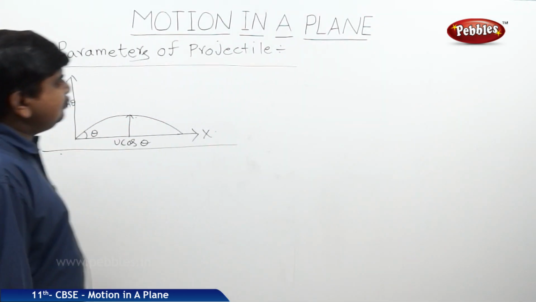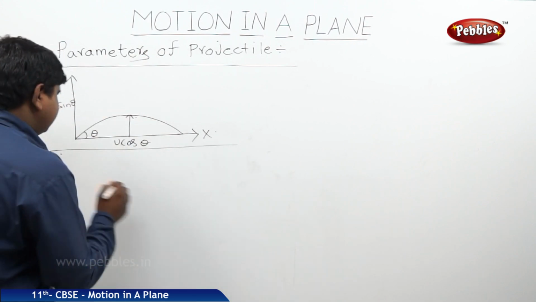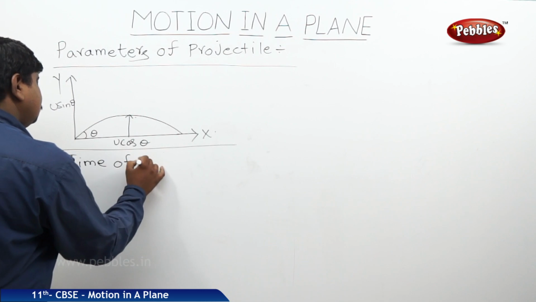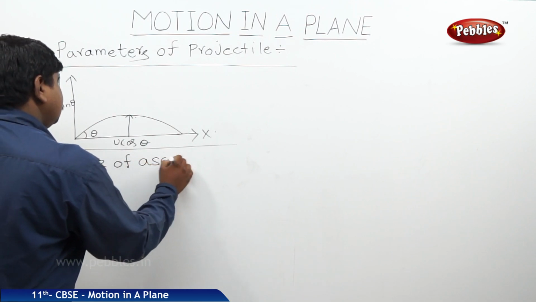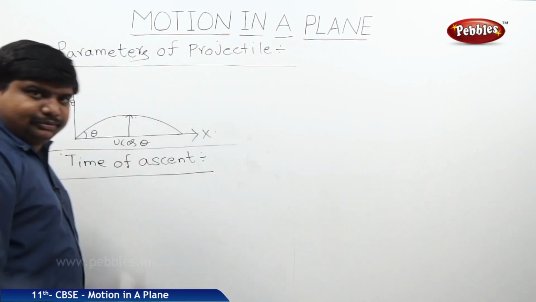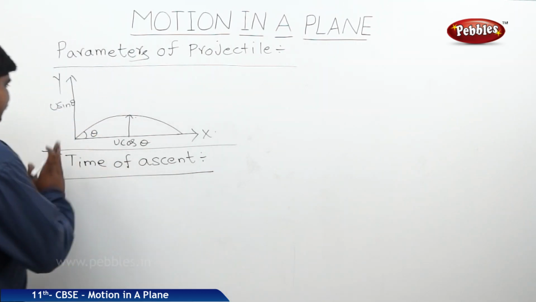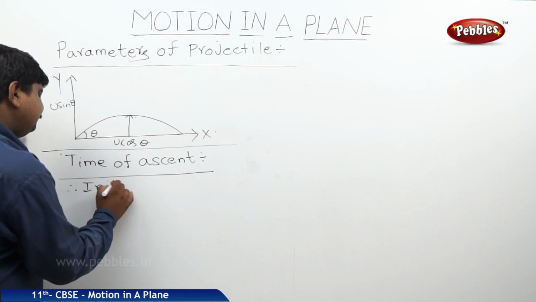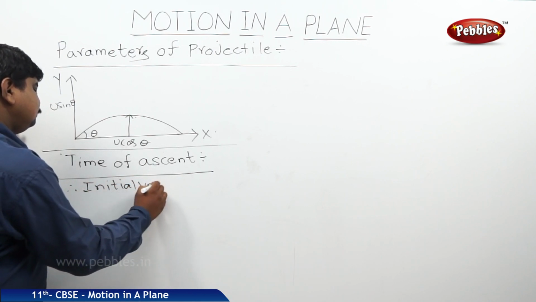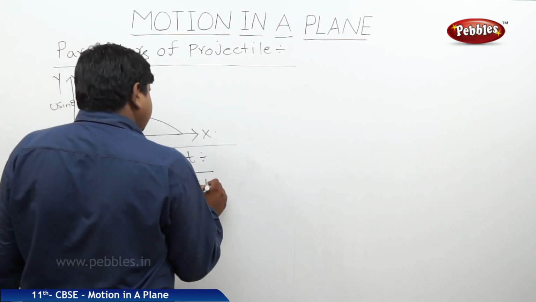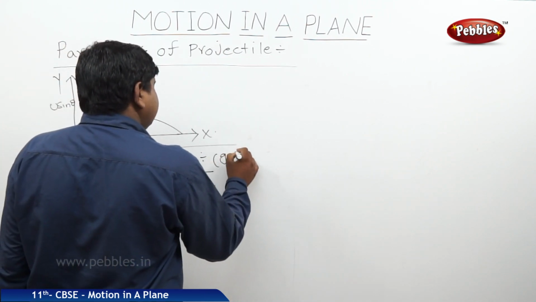The next parameter which is associated with the projectile motion is time of ascent. Ascending means going up. So when a body is going up, initial velocity is u, so it is going up.